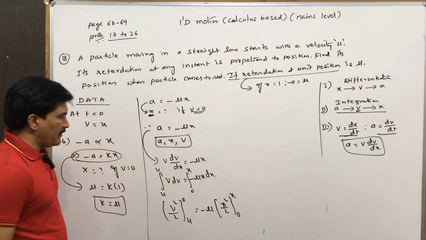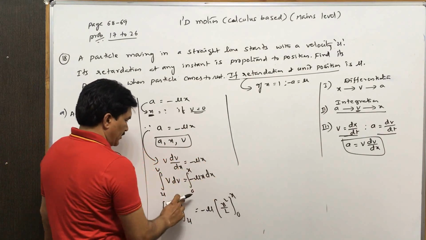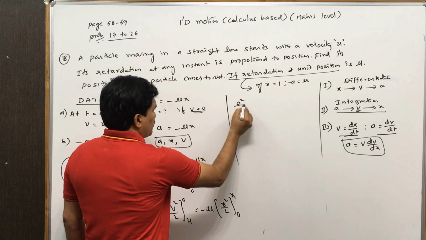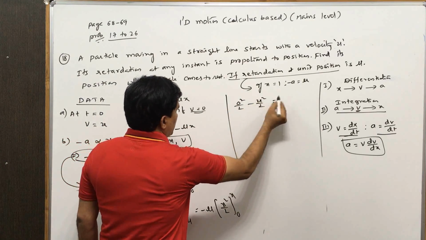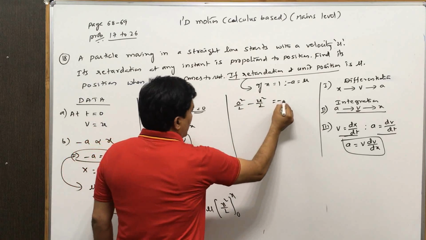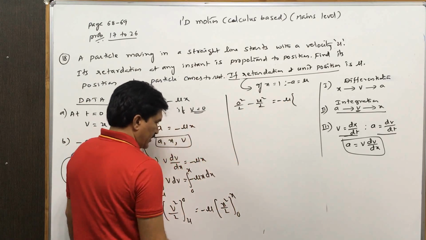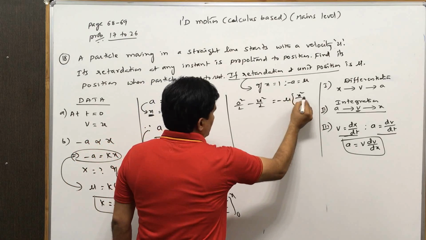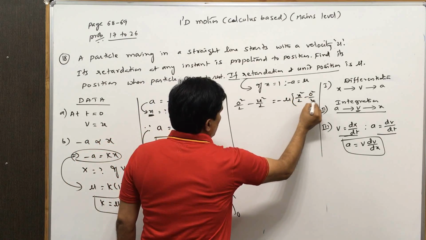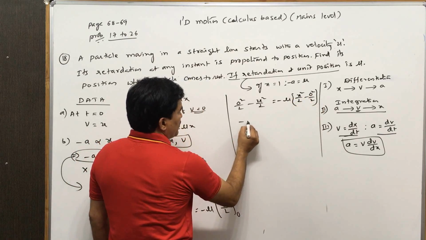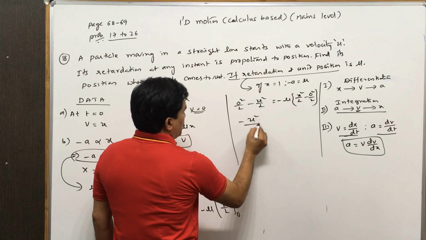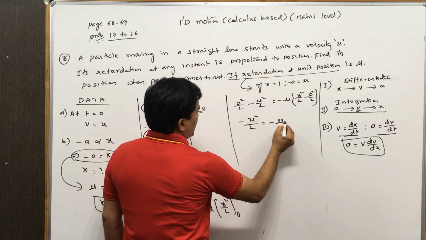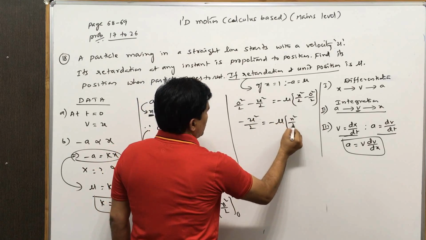So substituting those values we will get, first substitute upper limit 0 square by 2 minus substitution of lower limit u square by 2 is equal to minus mu into, substituting upper limit x square by 2, substituting lower limit. This is leading to minus u square by 2 is equal to minus mu into x square by 2.